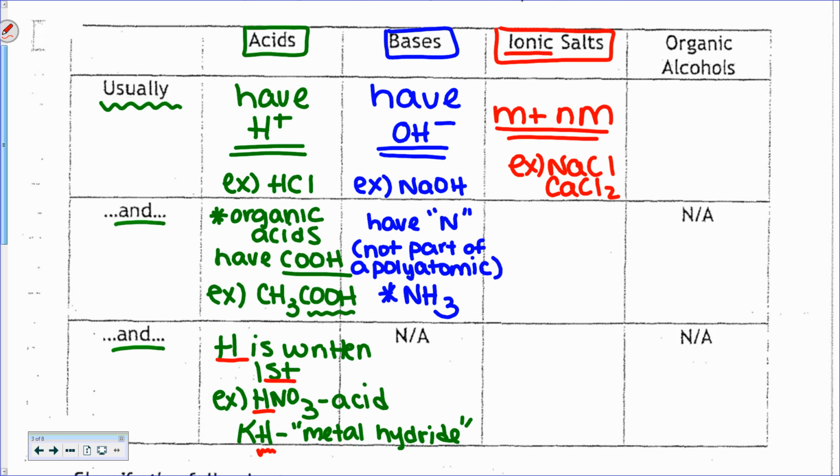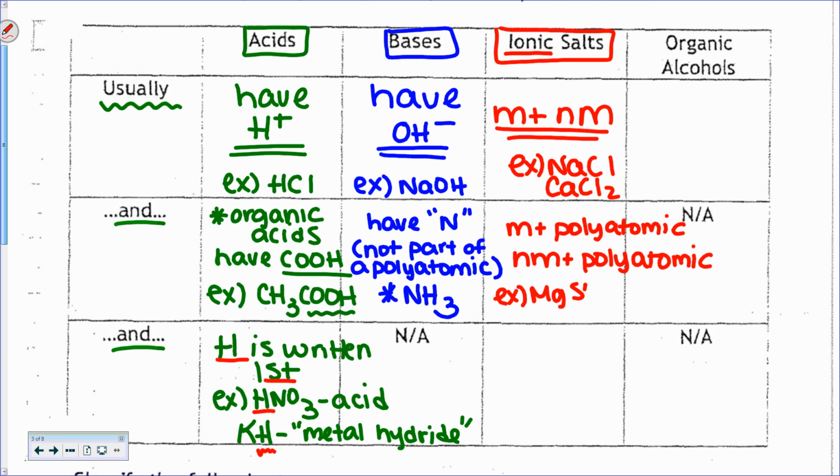I could also have a metal plus a polyatomic. I could have a nonmetal and a polyatomic. Either or. So for example, if I had MgSO4, metal with a polyatomic, if I had NH4Cl, polyatomic with a nonmetal.